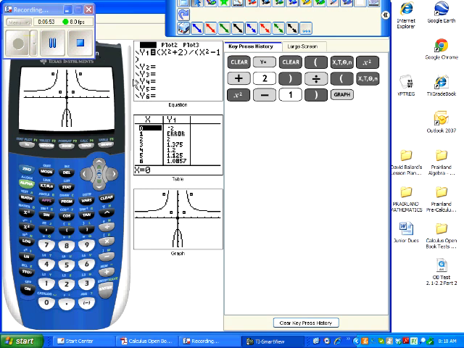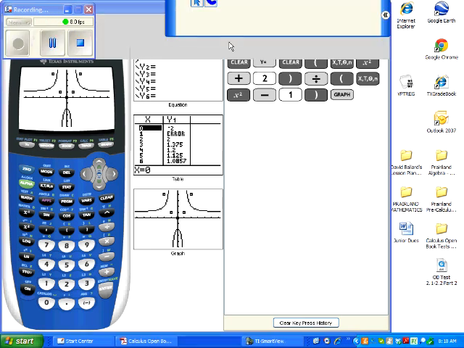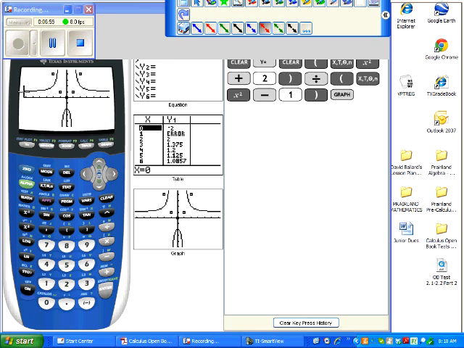You can ignore the dots there, that was from something else. But you can see, as we talked about, that there's a horizontal asymptote at y equals 1. And so as x approaches infinity, the function value is approaching that asymptote of 1.